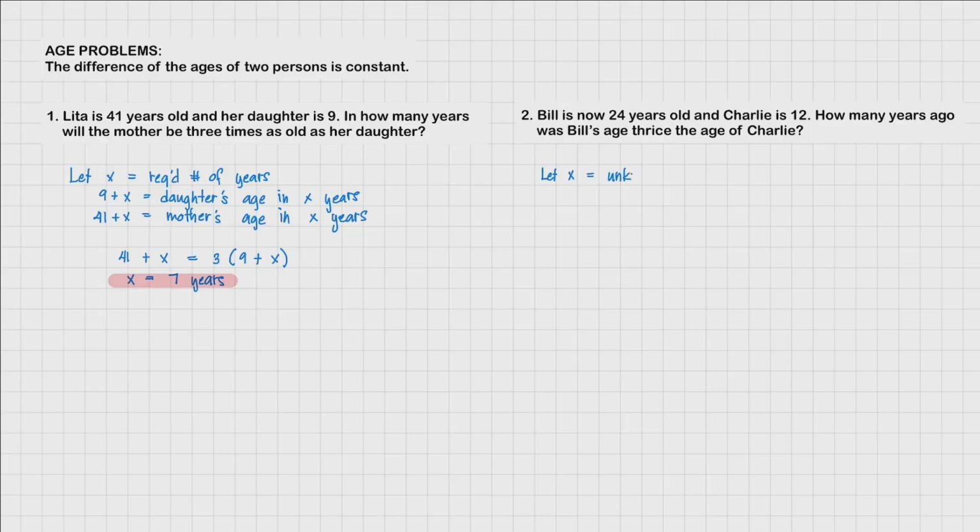While Bill's age x years ago would be 24 minus x, while Charlie's age would be 12 minus x. So this would be Charlie's.